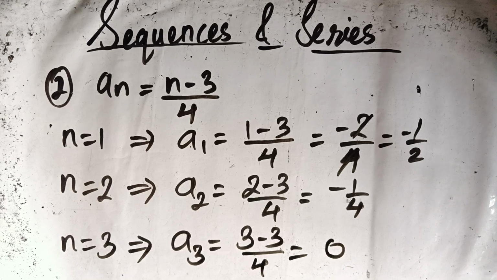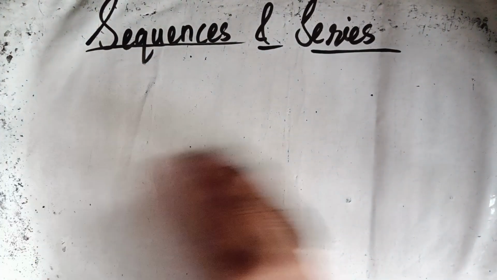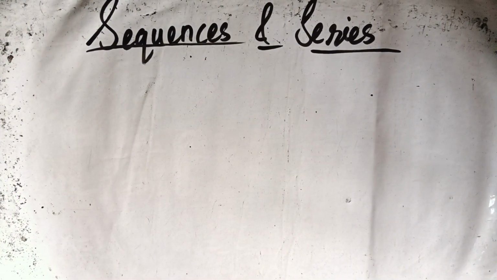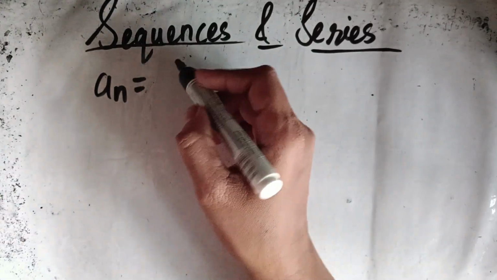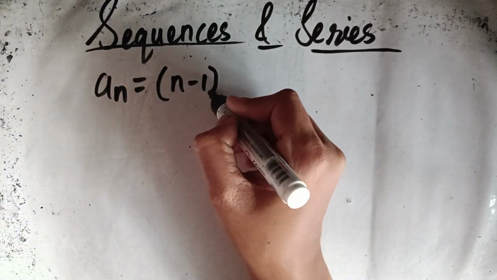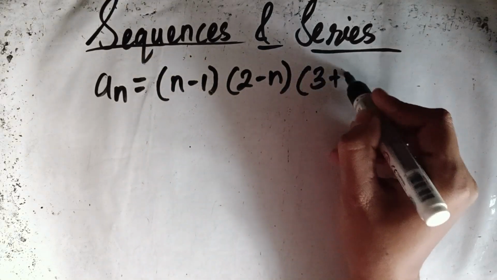Okay. Next example which is given is, what is the 20th term of the sequence defined by? So we have to find the 20th term. 20th term means n equal to 20 we have to put. Okay. And the sequence is given as an equal to (n minus 1)(2 minus n)(3 plus n).